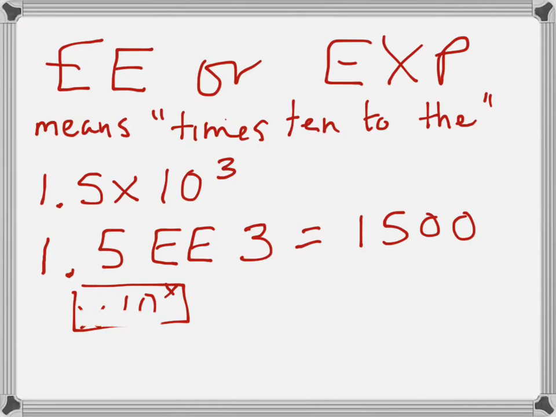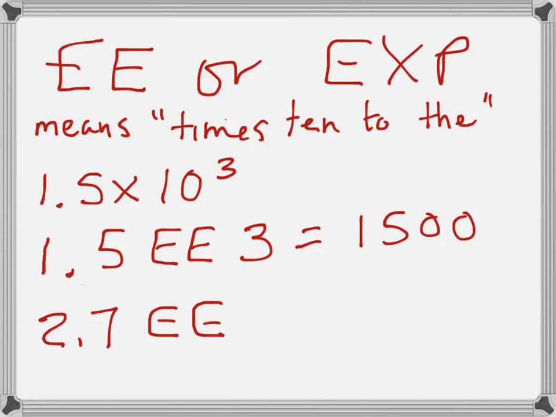Anybody else? So let's try one with a negative exponent. I'm going to get rid of this. It's in the way. So let's try 2.7 EE. And now here's where some calculators are a little different. Some want the negative sign first. Actually, let me back up a minute.